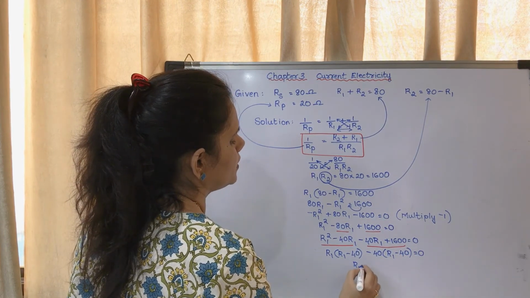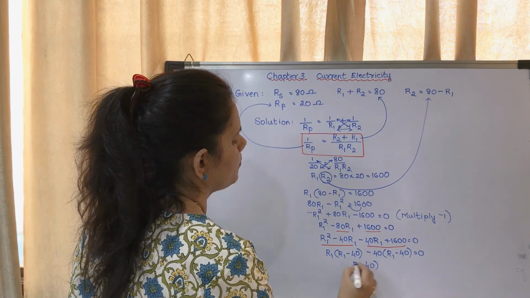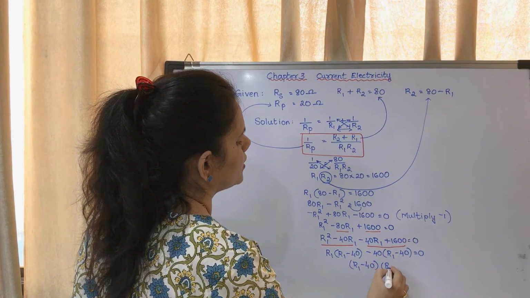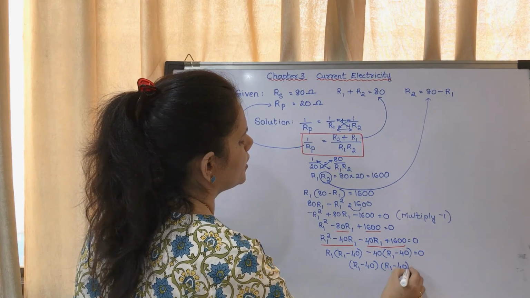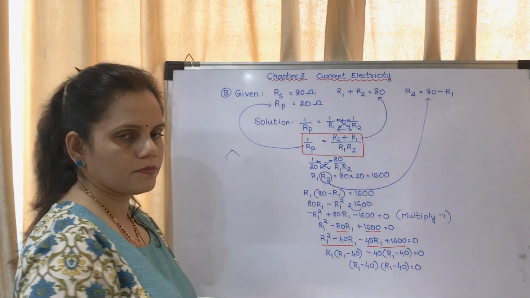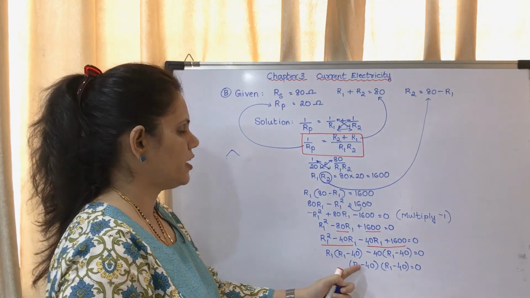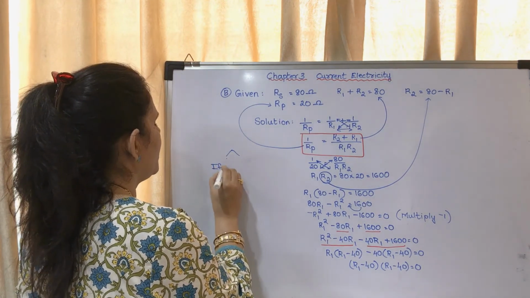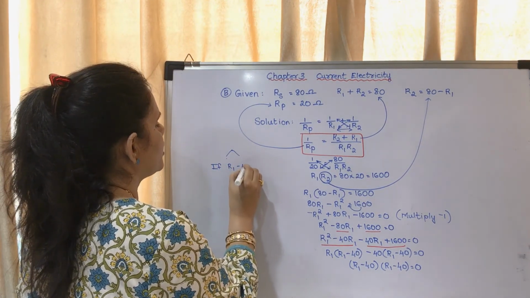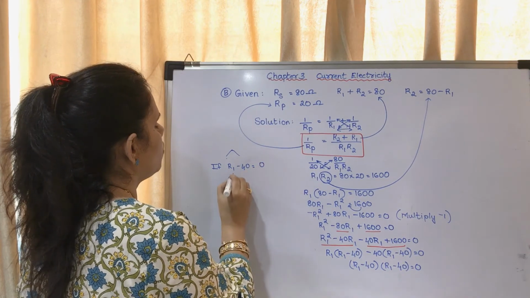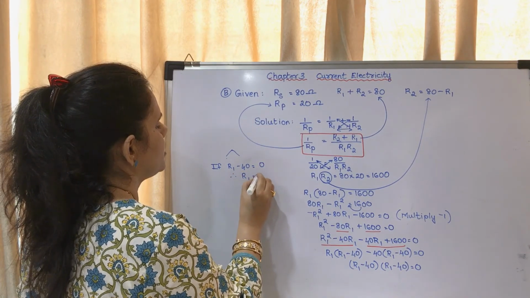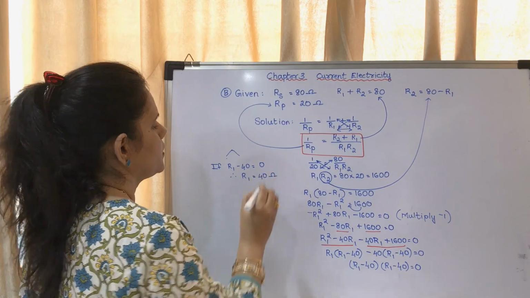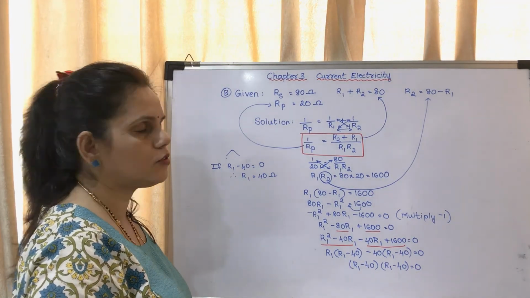That means (R1 minus 40) into (R1 minus 40) is equal to 0. If R1 minus 40 is equal to 0, R1 is equal to 40. R1 will be equal to 40 ohms.